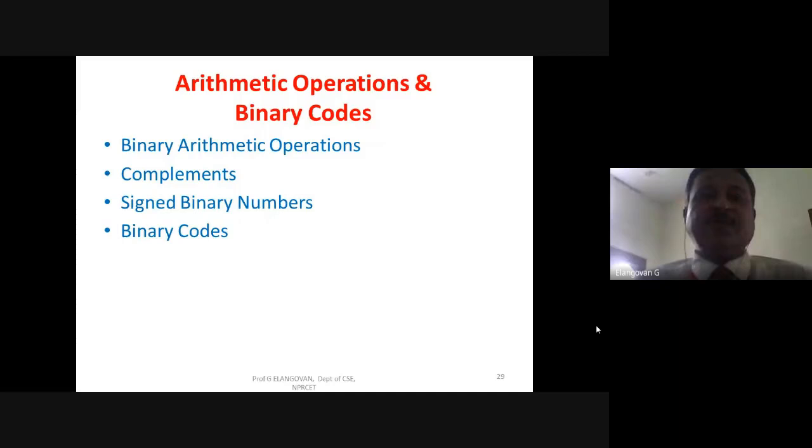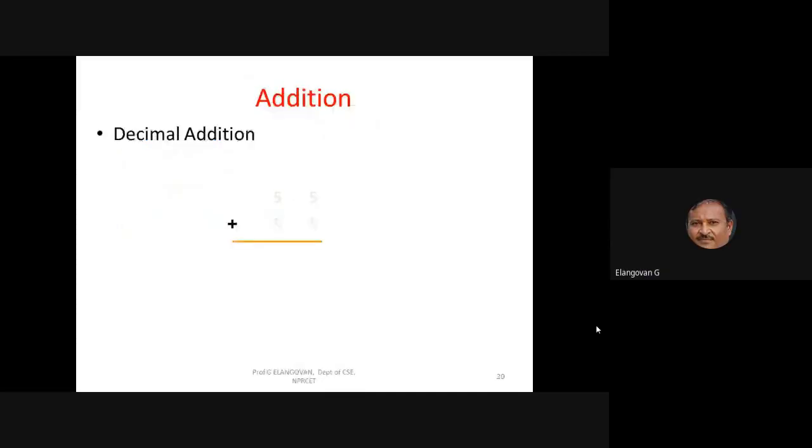Once we do the addition, how are we doing it with conventional decimal numbers? A similar pattern applies, so we look into regular conventional decimal number addition. We want to add two numbers.